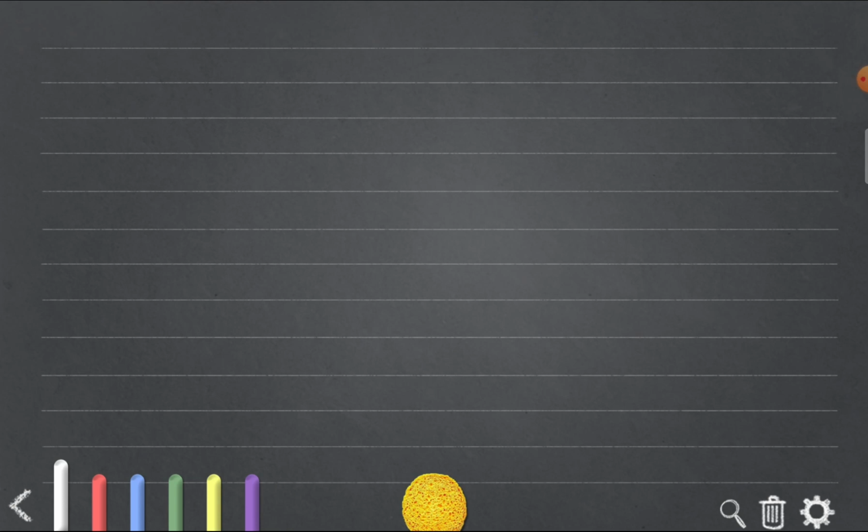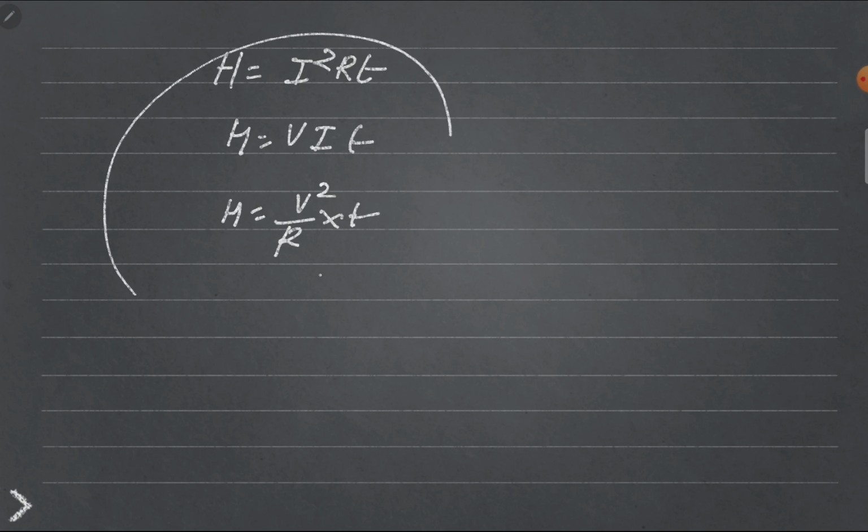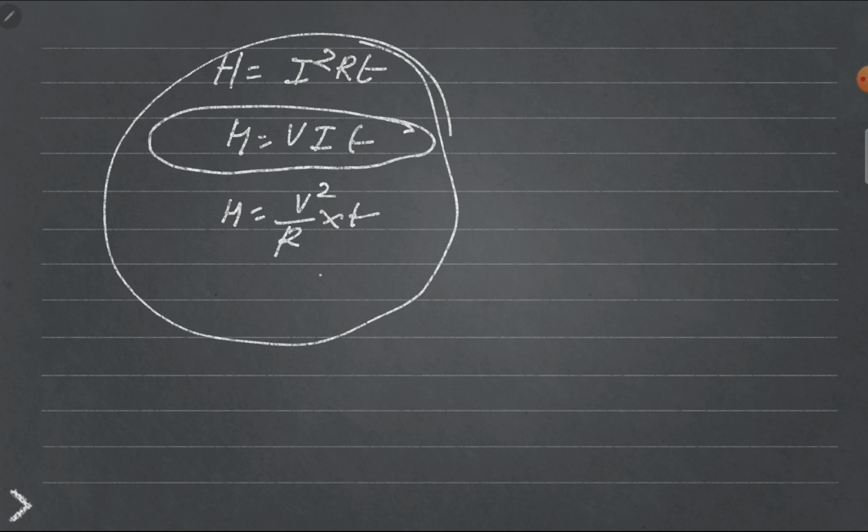That won't change. Not just these two equations. You know that for heat energy generated, we can use three equations: H is equal to I square RT, or H is equal to VIT, or H is equal to V square by R into T. Using these three equations, you will get the same answer. If you need, you can do the same problem with this equation also, and you can find that the answer remains the same.